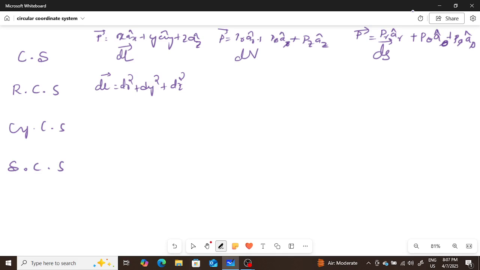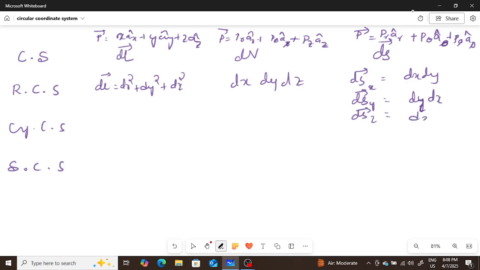So for differential volume, for the Cartesian coordinate system it is dx dy dz multiplication. Here you are going to write three areas. ds_x is dy dz, ds_y is dz dx, ds_z is dx dy.